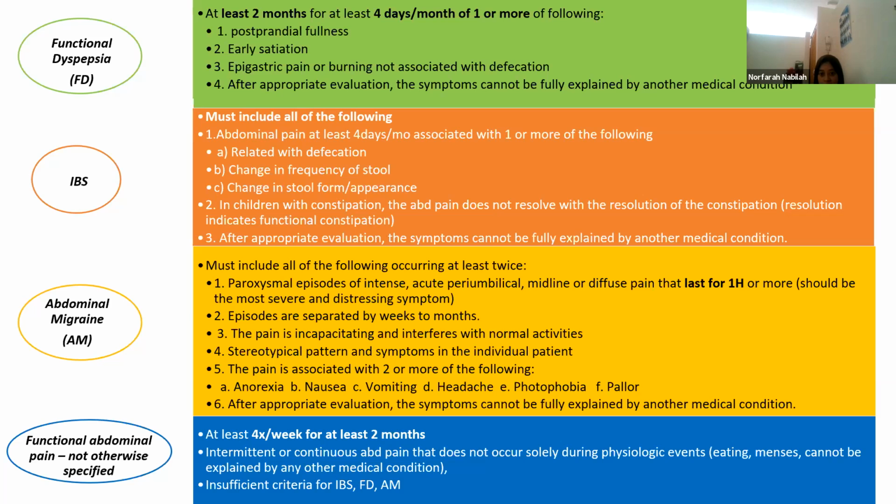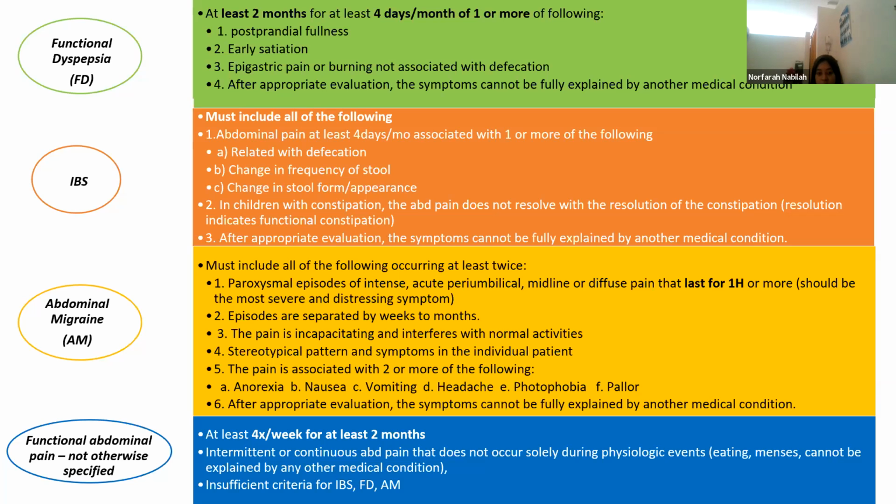In functional dyspepsia, they have at least 2 months, at least 4 days per month, of one or more of the following. The first one, postprandial fullness. Second, early satiation. Third, epigastric pain or burning not associated with defecation. And the fourth one is after appropriate evaluation, the symptoms cannot be fully explained by other medical condition.